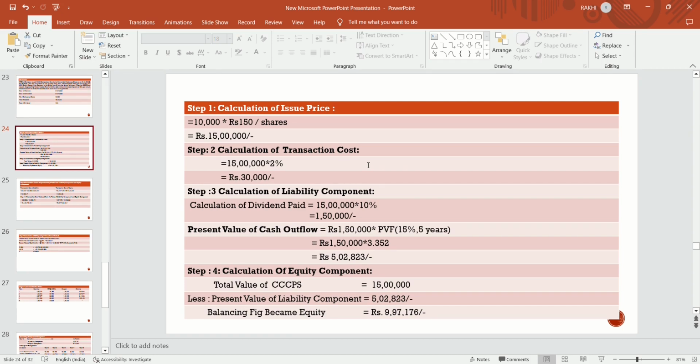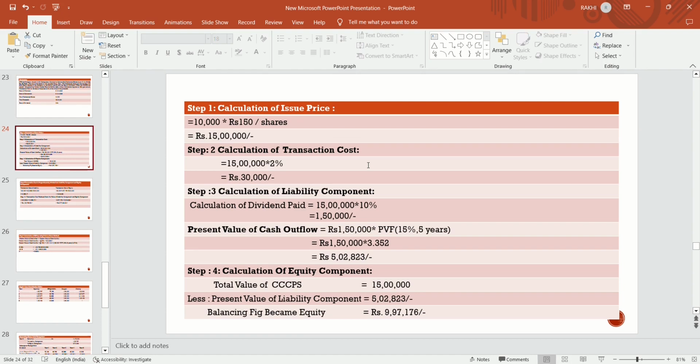Step 3 is calculation of liability component. Liability is the dividend. Calculation of dividend paid, how much? The 10% on the issue price, that is 15 lakhs with 10%, that is 1,50,000 each year. It should be paid each year, the number of years is 5 years, and dividend is to be paid 1,50,000 every year.